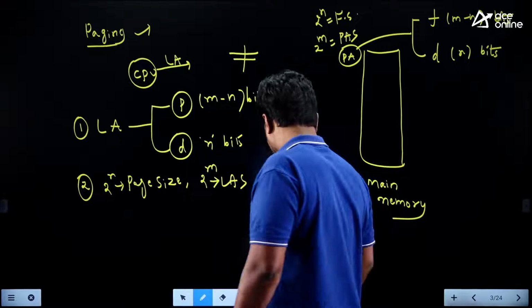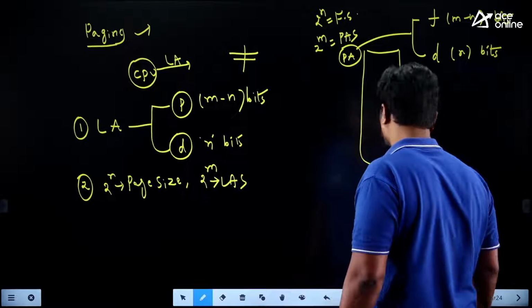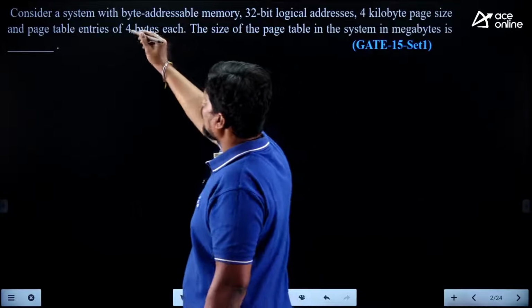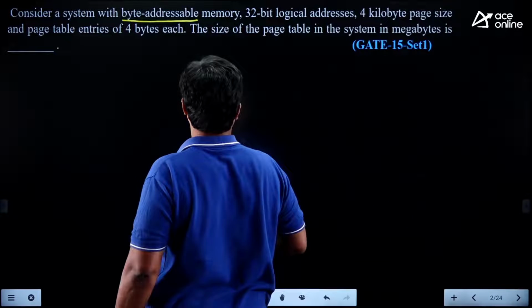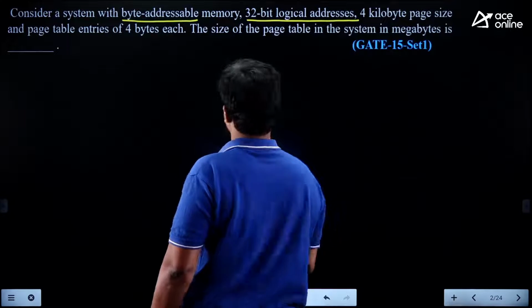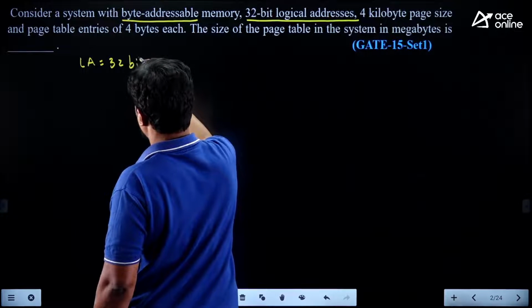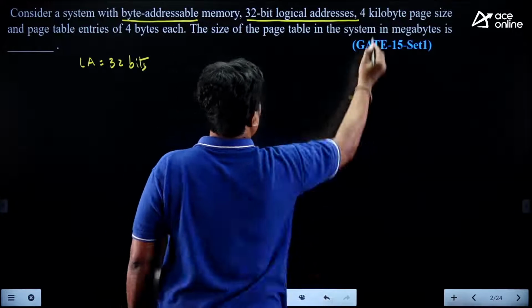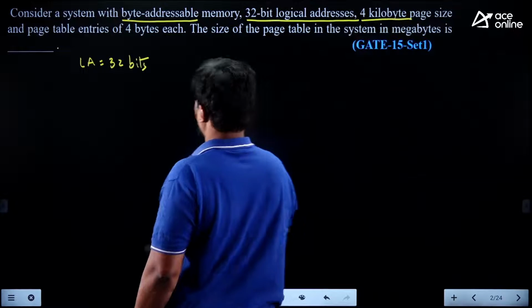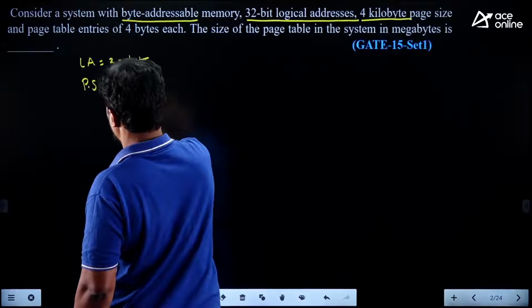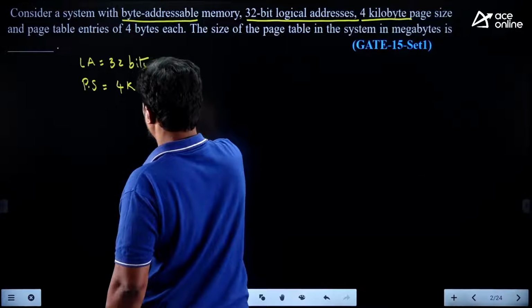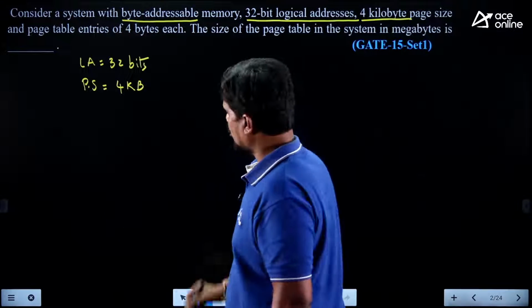So in this particular given question, if you verify, of course the memory is byte addressable, fine. A 32-bit logical address is given, so the logical address is 32 bits. And the page size is given as 4 kilobytes.